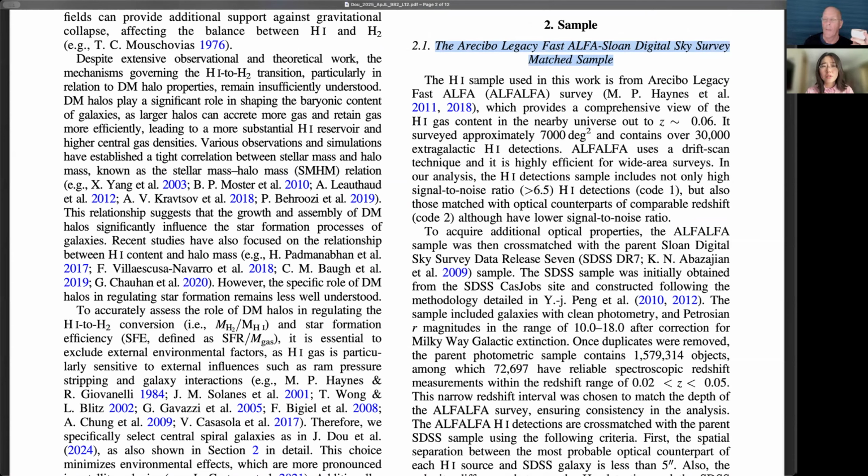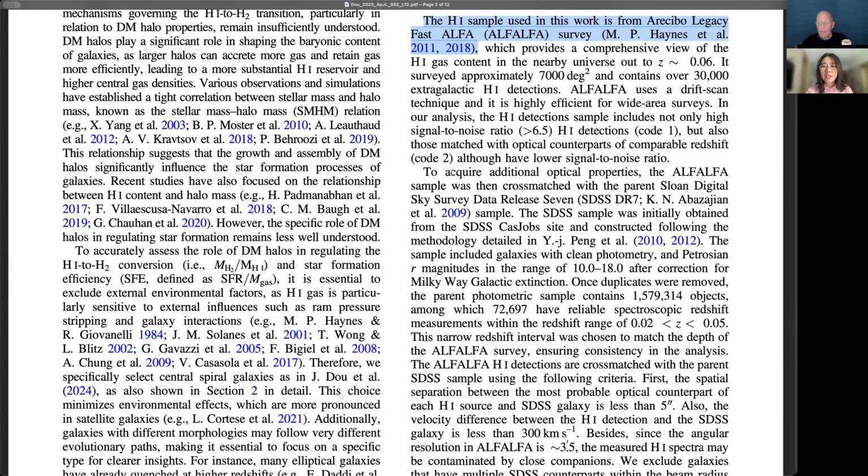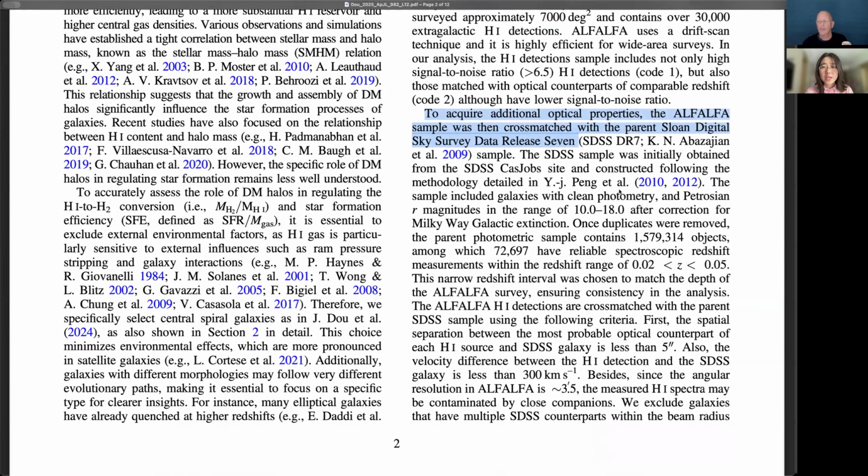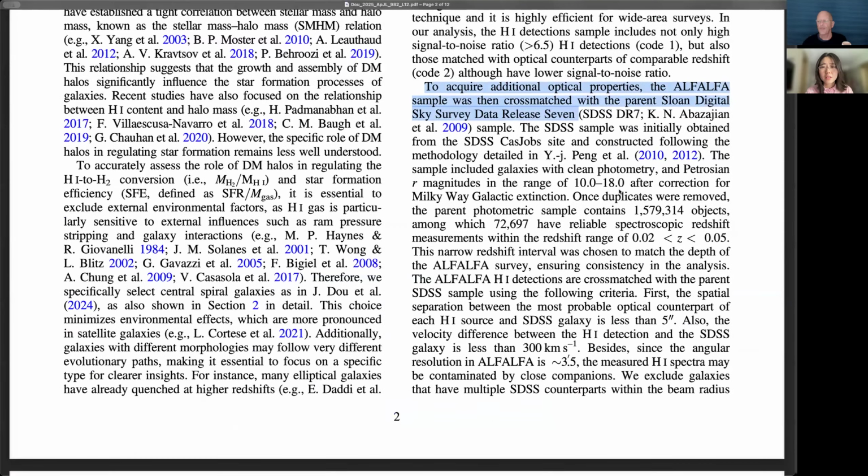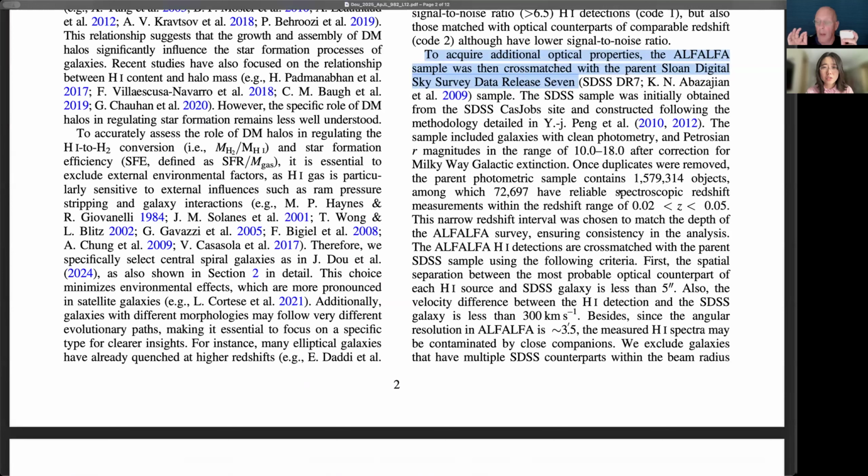In order to have more optical properties for these galaxies, we cross-match the Alpha Alpha sample with the SDSS DR7 parent sample. After the cross-matching, we obtain more than 9,000 reliable H1 detections in the matched sample.